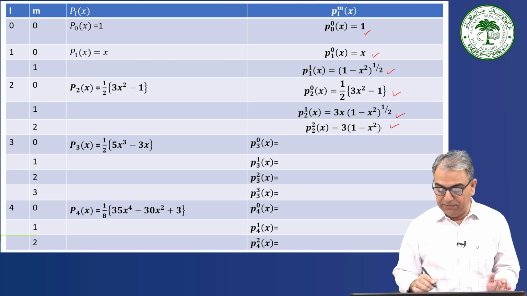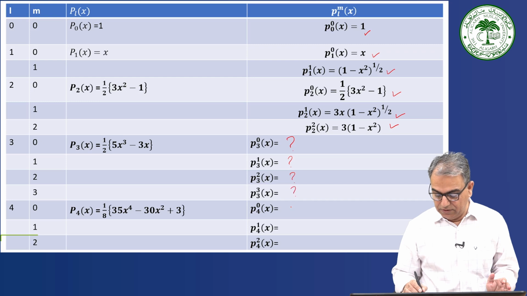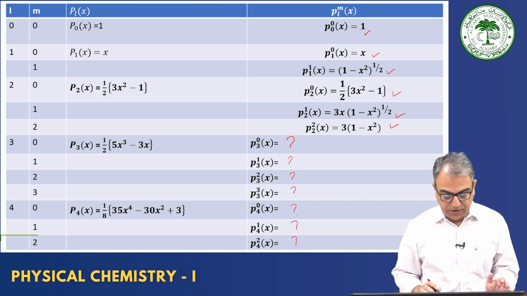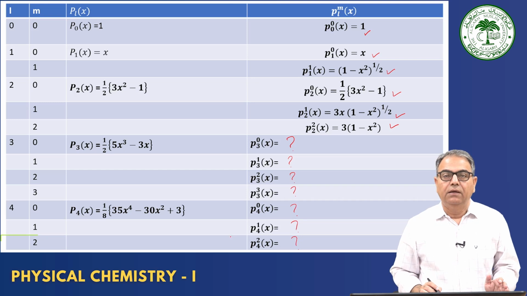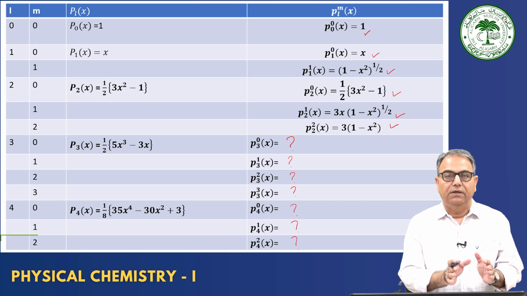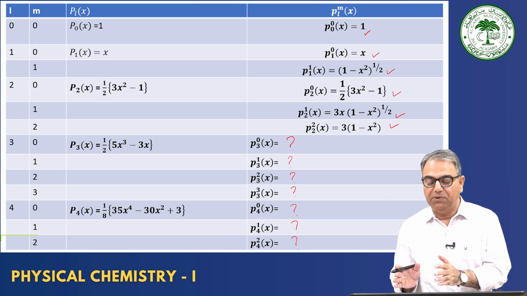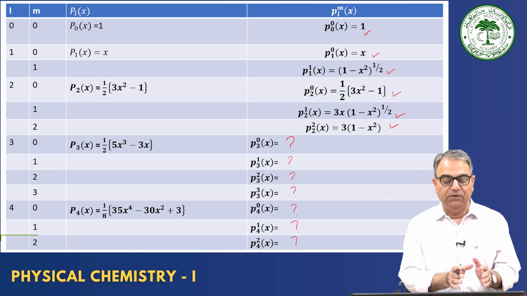What I did not determine, you try to find out what the values are. You will get a table in the book. Okay. In any quantum chemistry book, you will get these tables, which will tell you the value of the associated Legendre polynomial and the Legendre polynomial of degree L.